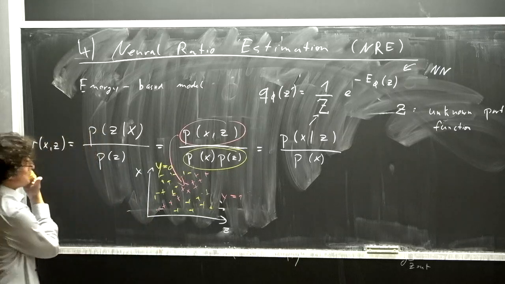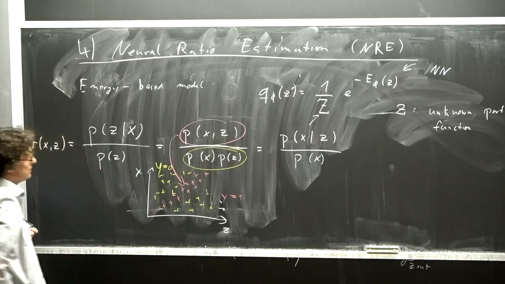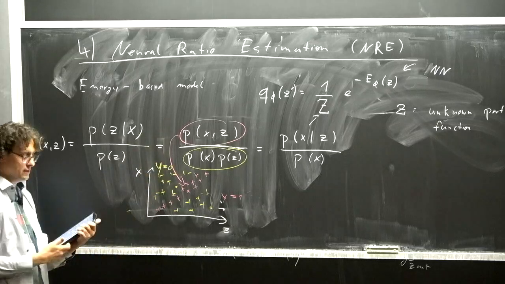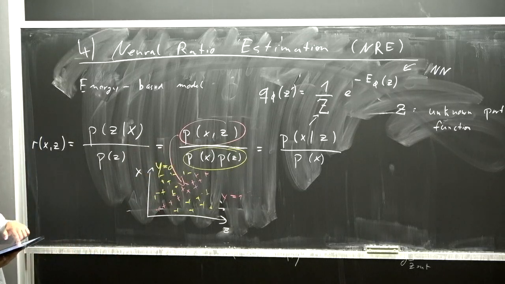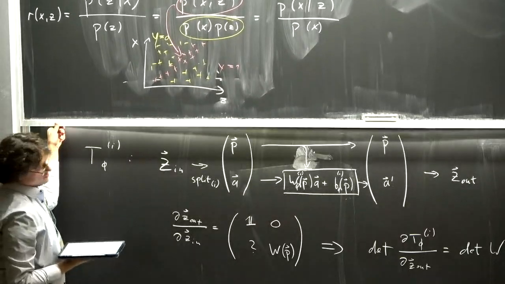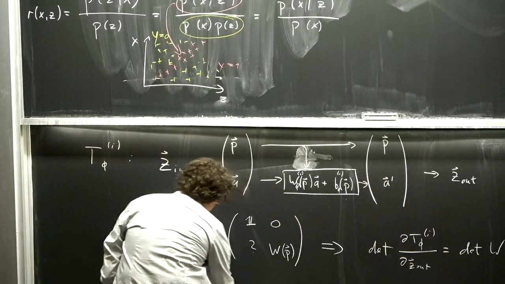This looks a bit messy, but the logic is we now try to reformulate the problem of learning this ratio as a problem of binary classification, which is something that we discussed already and that we already know how to solve.